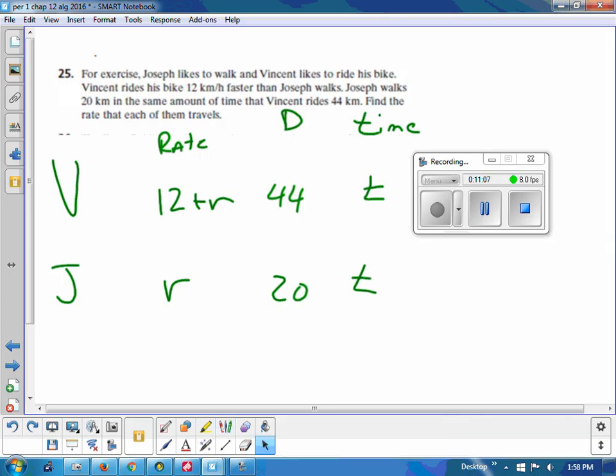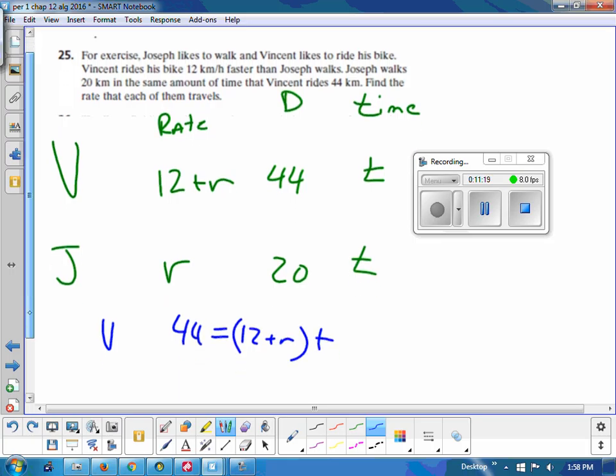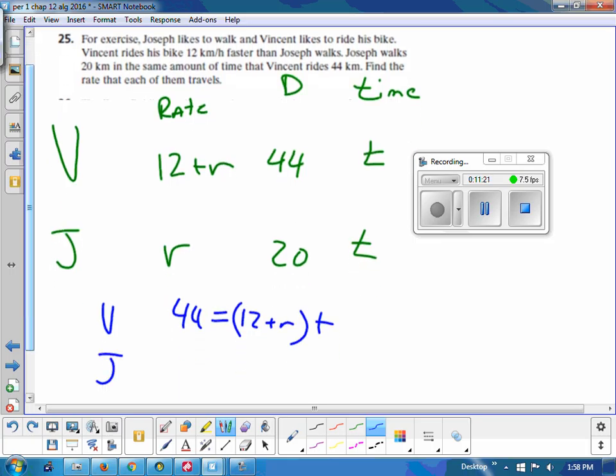So if we use these equations, distance equals rate times time. For Vincent, distance, 44, equals rate, 12 plus R, times T. And for Joseph, distance, 20, equals rate times time.